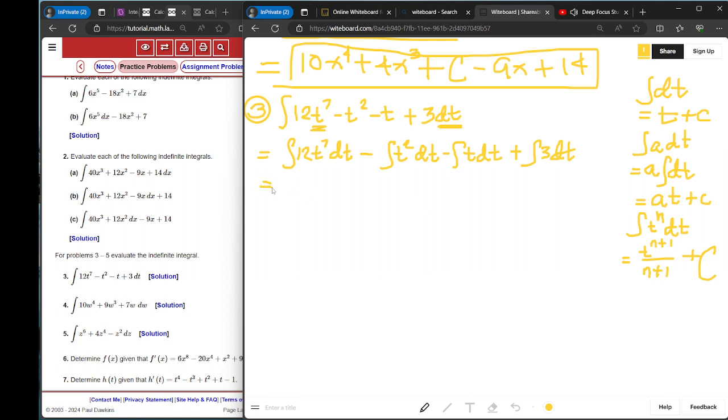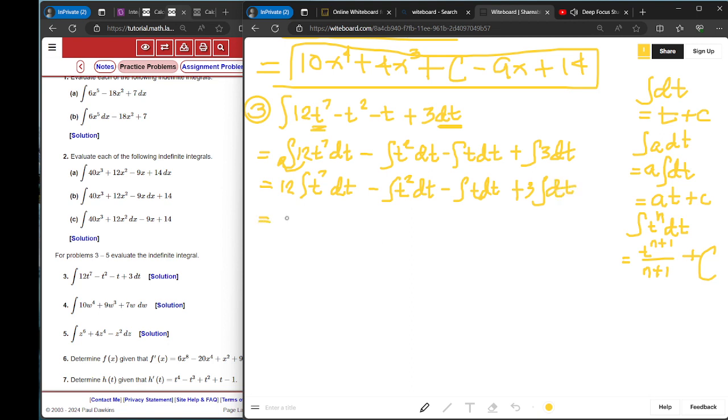Afterwards, we will move out the constants. So this will become 12 times the integral of t to the 7 dt minus the integral of t squared, since there is no constant value beside t squared. Then we'll have the integral of t dt plus 3 times the integral of dt.